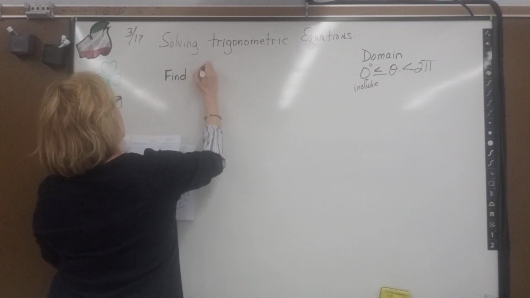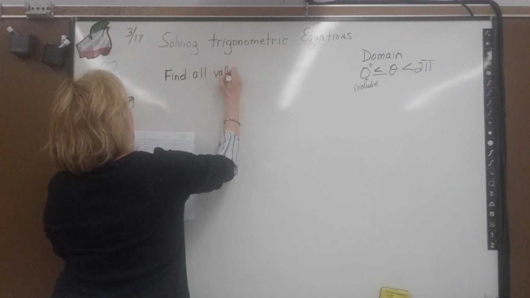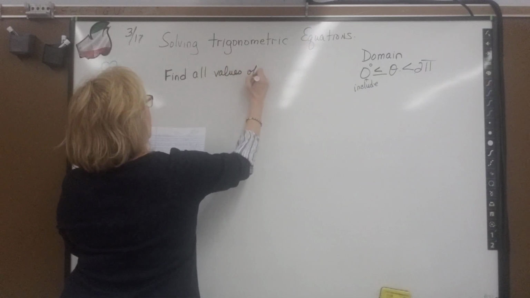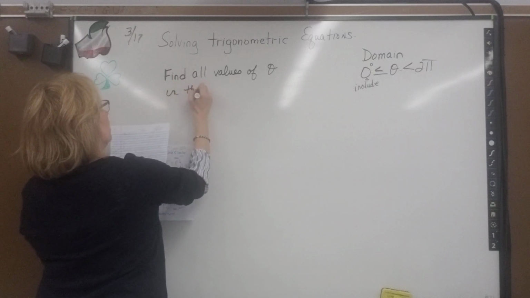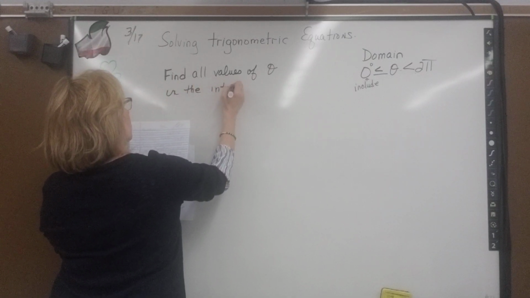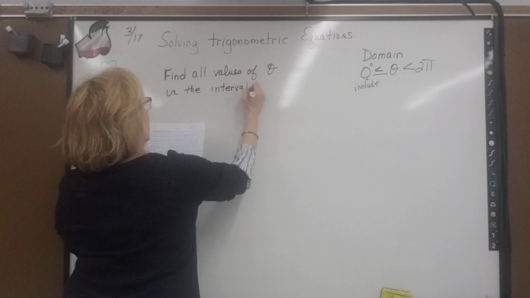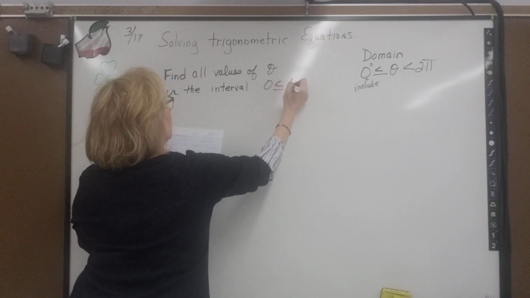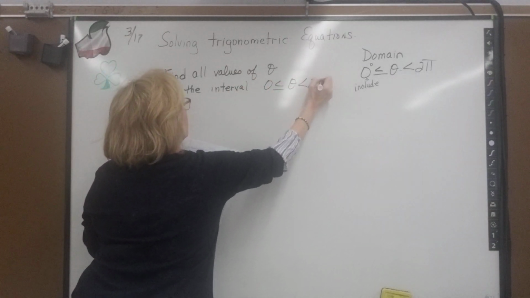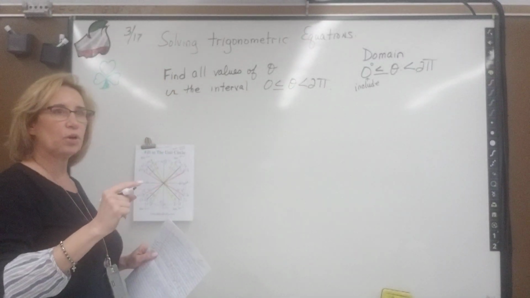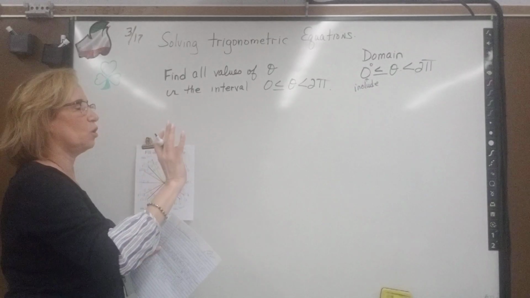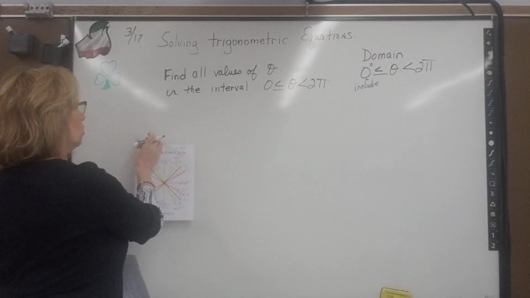Find all values of theta in the interval of 0 and 2 pi. Okay, so this is what the directions are going to say. So if you see any work that adds on and it keeps going around, don't worry about it. We're just going to go around the unit circle once.